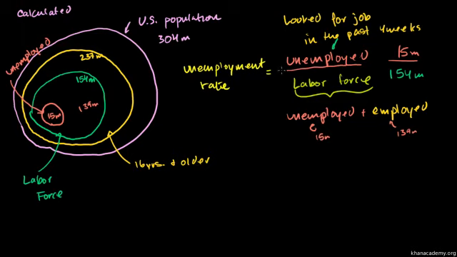If the economy were to be so bad, so let's say in week 1 I am part of the unemployed. I don't have a job, but I am looking for a job. So I'm sitting right there. I am part of the labor force. I'm not employed, but I'm unemployed looking for a job. But let's say, after several weeks of this, I just get tired. I'm going to take a few months off, or I'm not even going to look for a job, because things are so bad, until things get better.